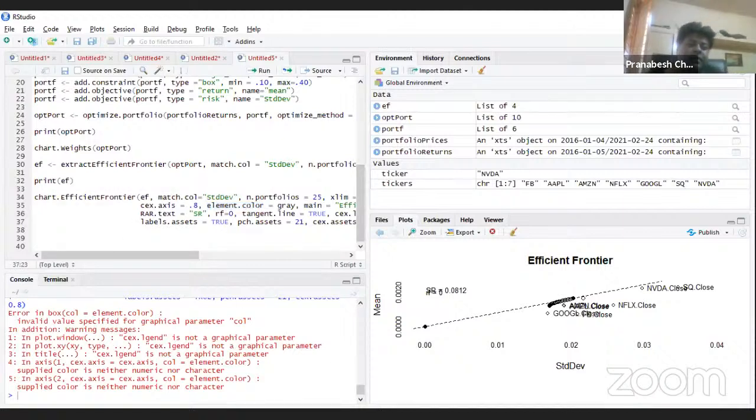Now, let's get into some theory. The correlation and the covariance measures indicate the strength of the relationship between two assets. Are they moving together up and down, or are they moving in different directions?